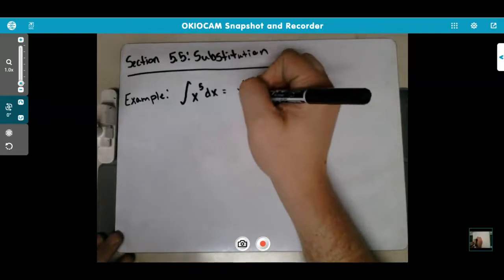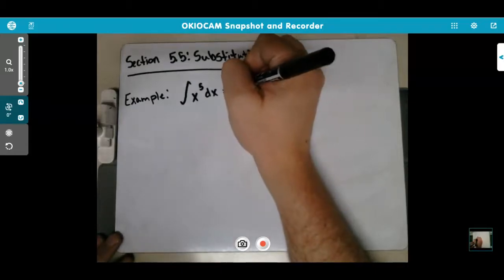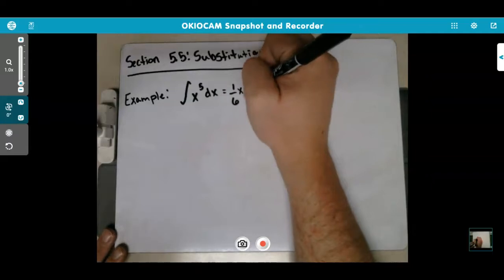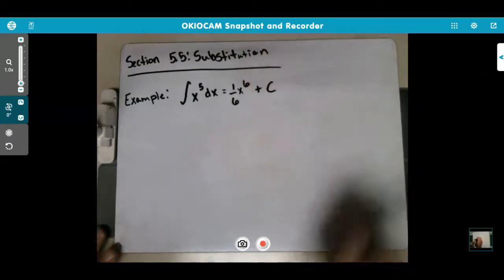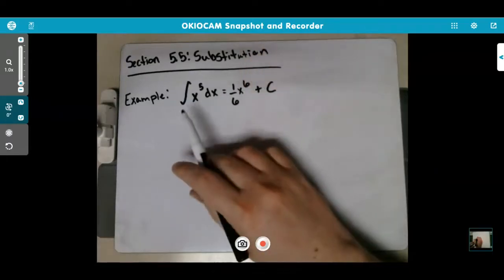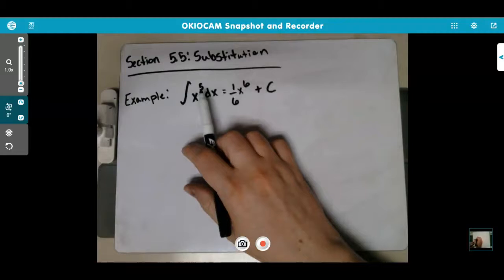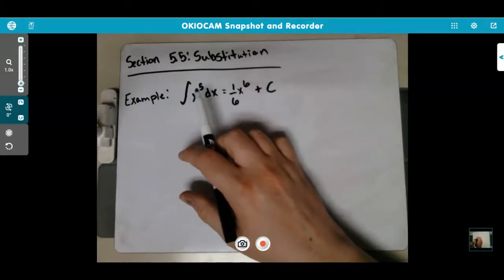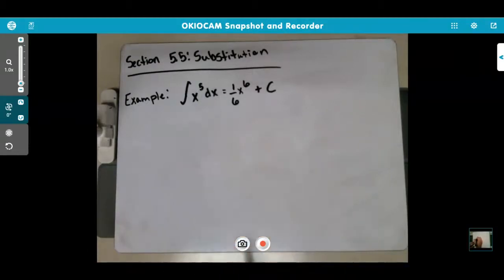So dividing by 6 is like saying times 1/6. But then we said too, we need to add a constant, so I put plus c. So the reverse power rule is that I'm going to add 1 to the power and then divide by that new power, right? Keep that in mind. We are going to use that.